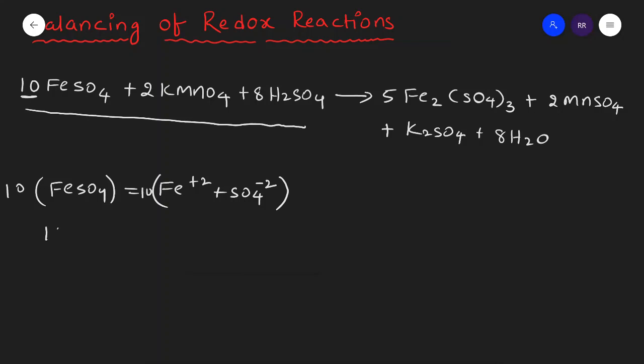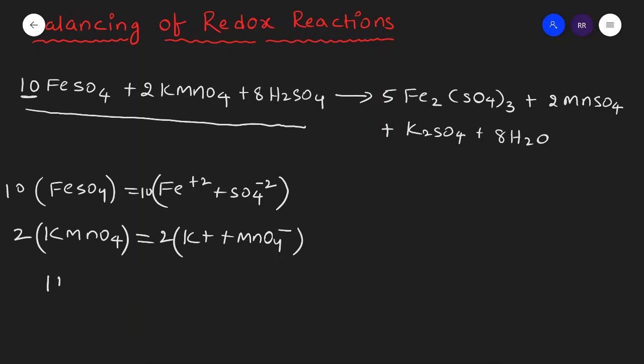Now, KMnO4 can be written as K plus and MnO4 minus. So how many moles was there? 2 moles. So you can write as it is here, no change in stoichiometric coefficient.